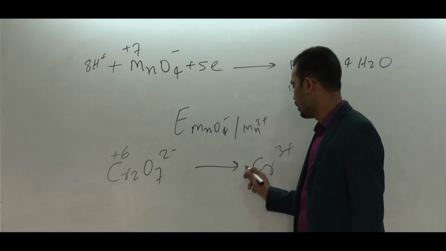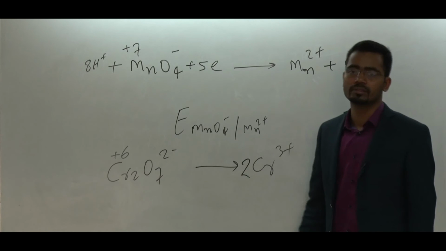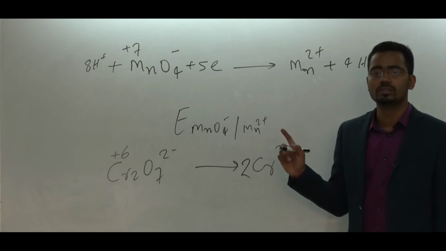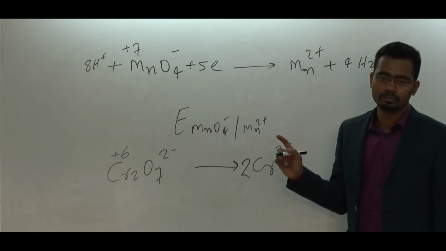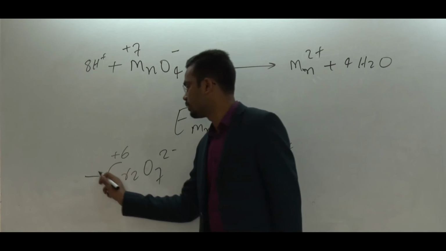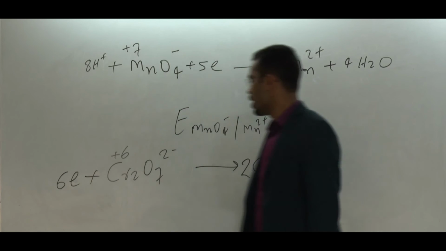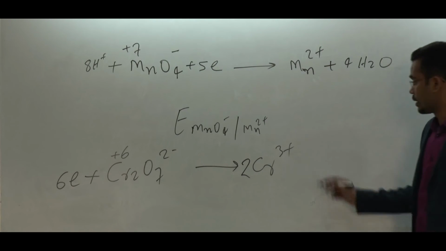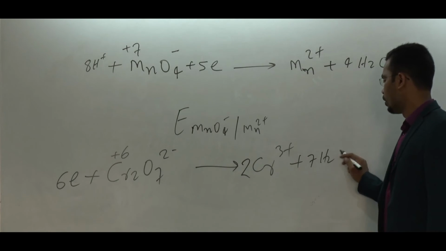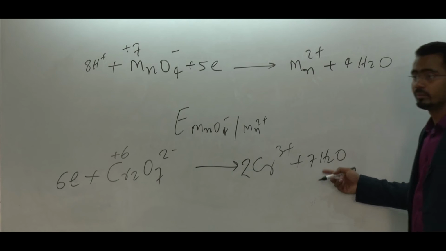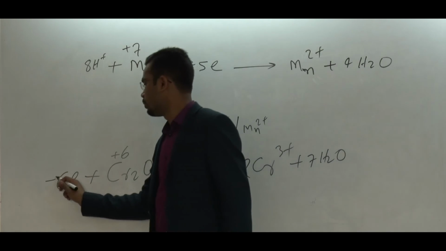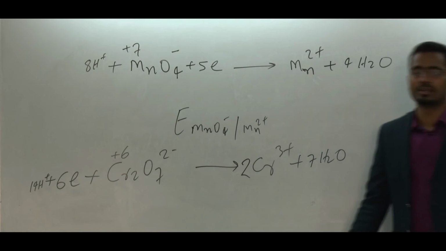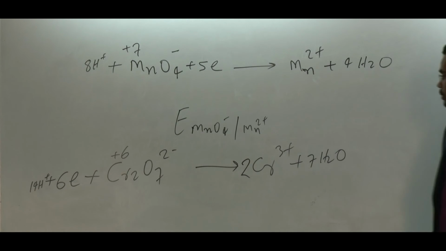So first balance that atom which is undergoing change. For one atom from 6 to 3, 3 electrons are required. Therefore for 2 atoms 6 electrons are required, so write down here 6 electrons. Now balance the oxygen. How many oxygen here? 7 oxygen. You have to add 7 moles of water, and now balance the hydrogen, which will be 14 H+. Now this is a balanced chemical reaction, the balanced half cell for the redox reaction.